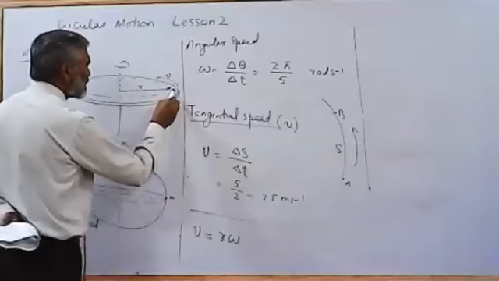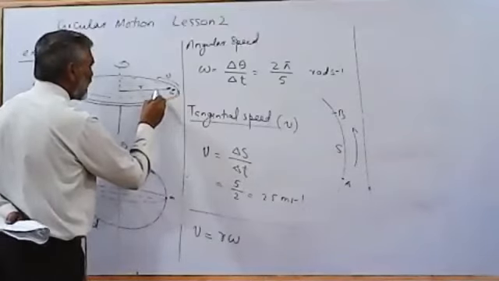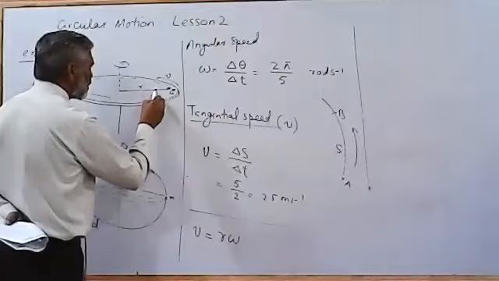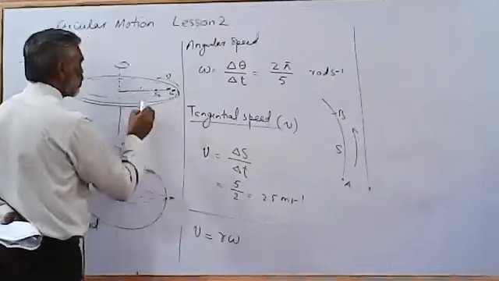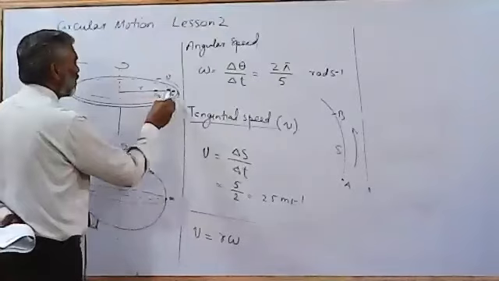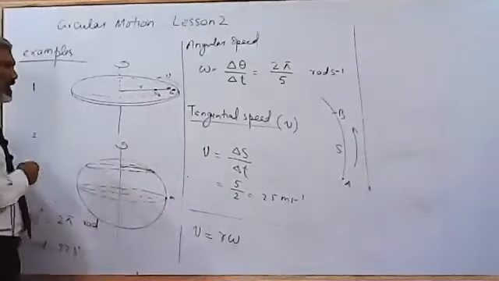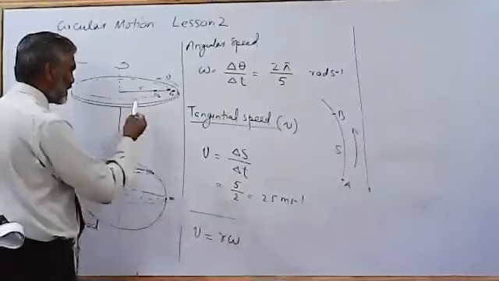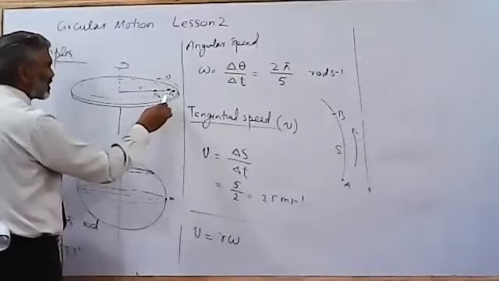I call this C1. Let's say I place another coin here. I label this coin as C2. For the sake of simplicity, I assume these two are exactly the same masses, identical ones, but they are simply placed at two different positions.